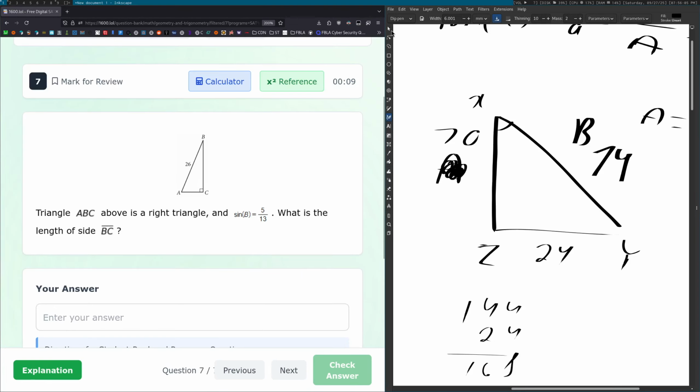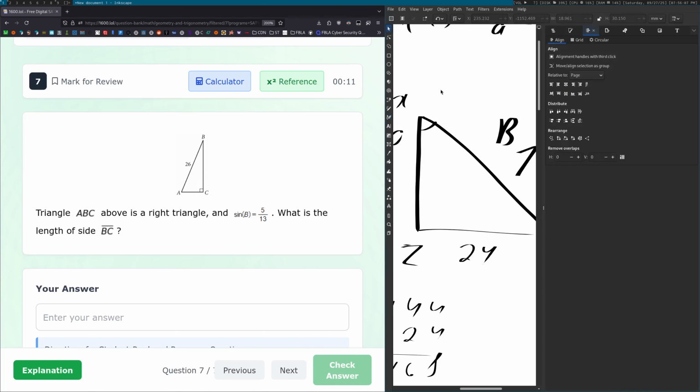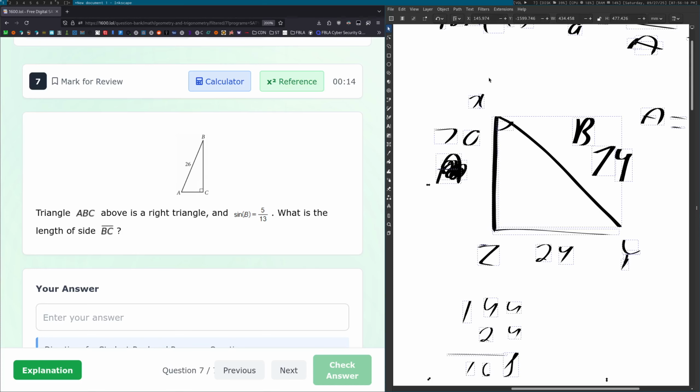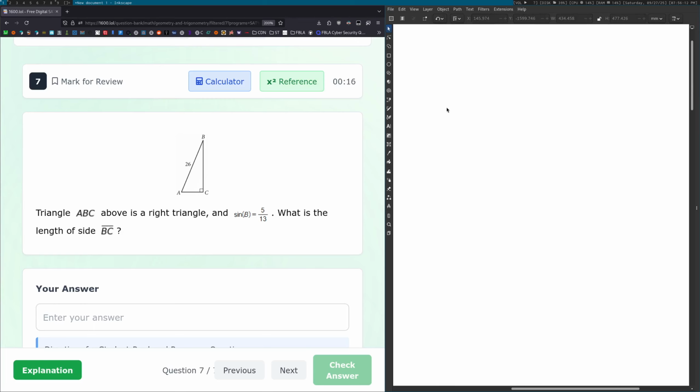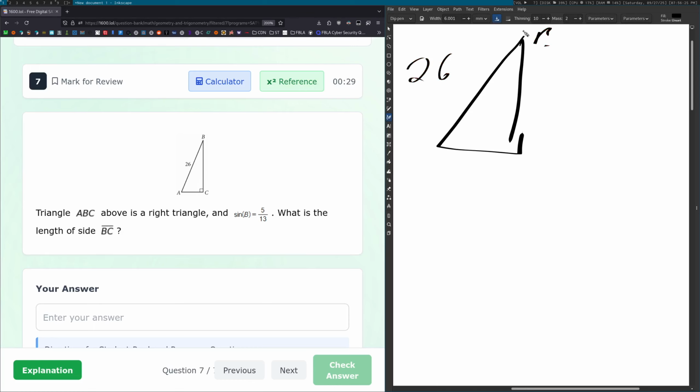Okay, let's do this one. I think the answer is 24, and I'll walk through how I did that so fast after I use the standard method. Okay, I've got 26. If B, C, and A. So sine of B is equal to 5/13 as given.